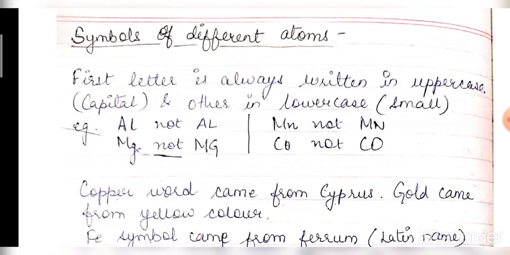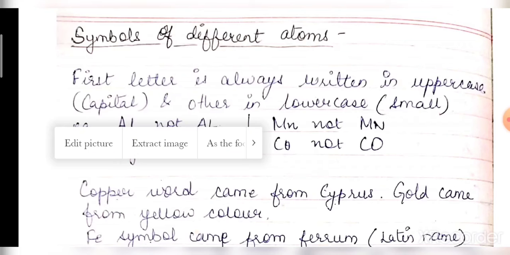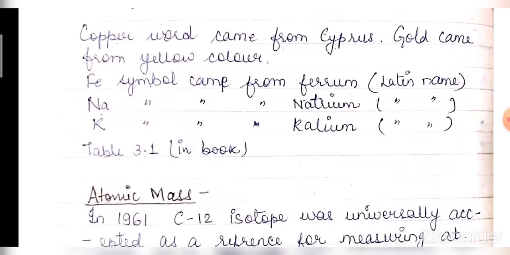So for all the elements, when we write the symbol, we have to take care of these things. Next, if we talk about where the symbols have been derived from, it is from the English name of that element, or it may be a Greek name, or a word from Latin or another language, because there are many elements which have the same starting English alphabet.